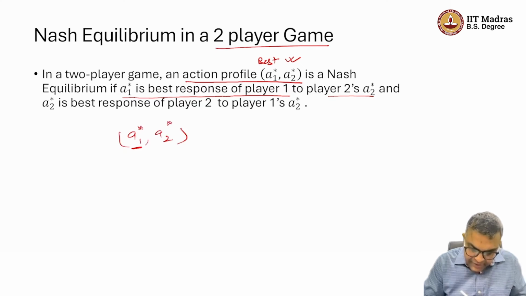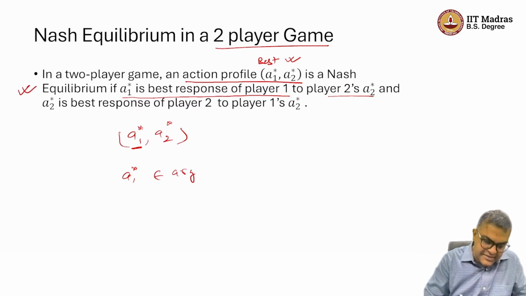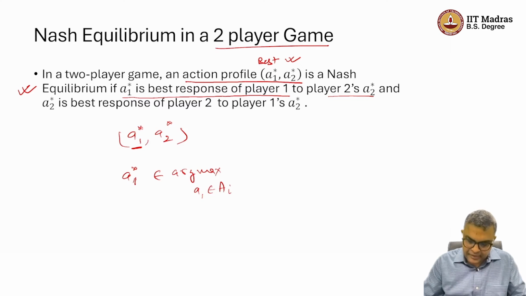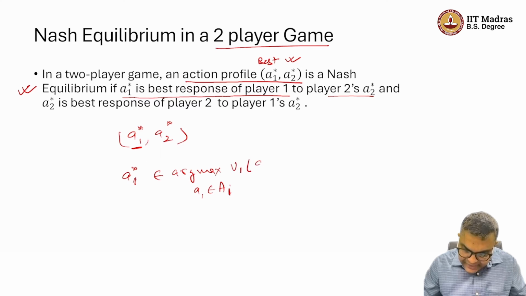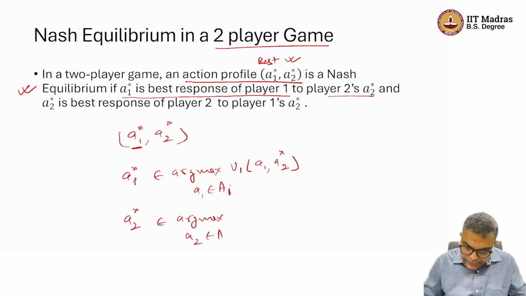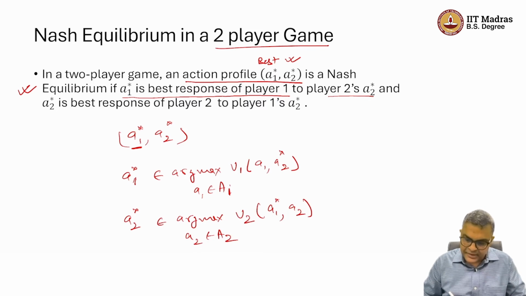If a1 star is maximizing, we have written it as best response, but we can write it differently: player 1 is maximizing by picking a1 from his set of a1s such that his utility gets maximized given that the other player is playing a2 star, and here a2 star is basically argmax over a2 in A2 of u2 given a1 star, where this player is picking a2.